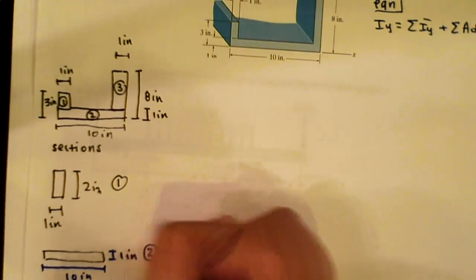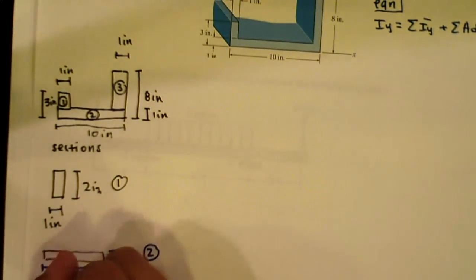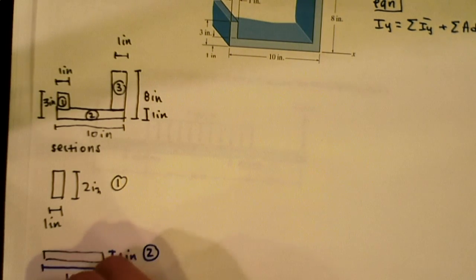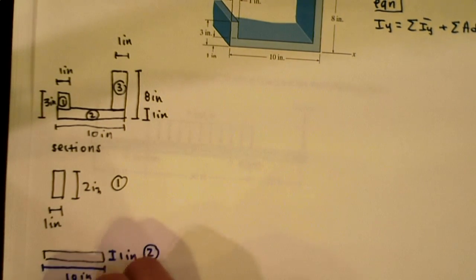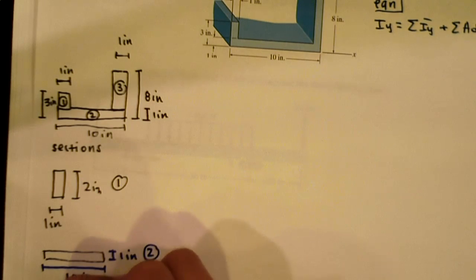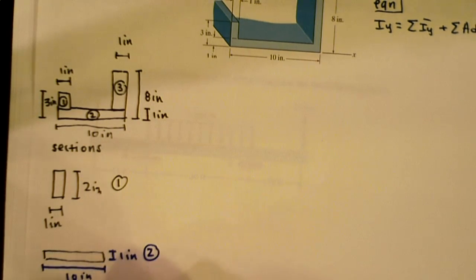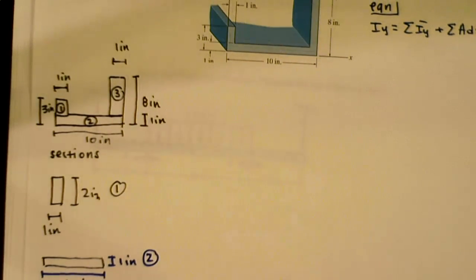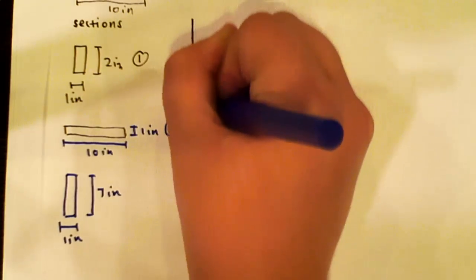And then for 3, it will be 7 inches tall, and again, 1 inch thick. I'll move it up when we get there. Okay. So there's our sections.